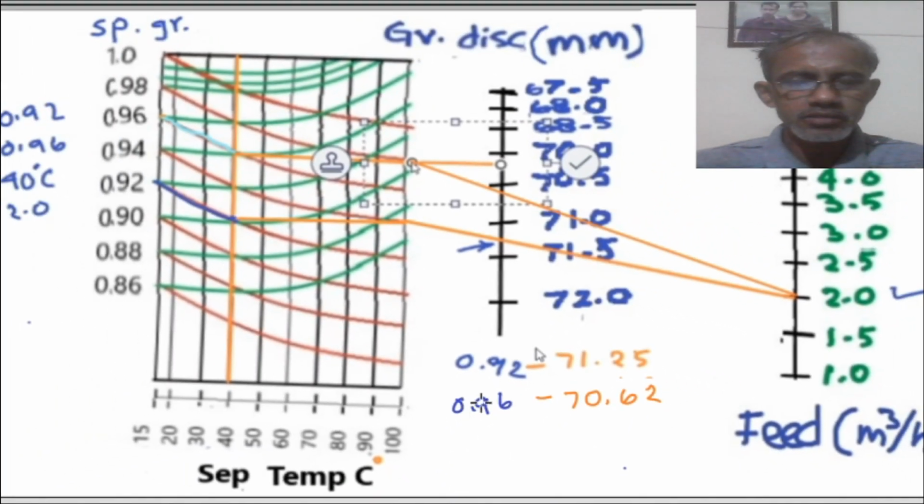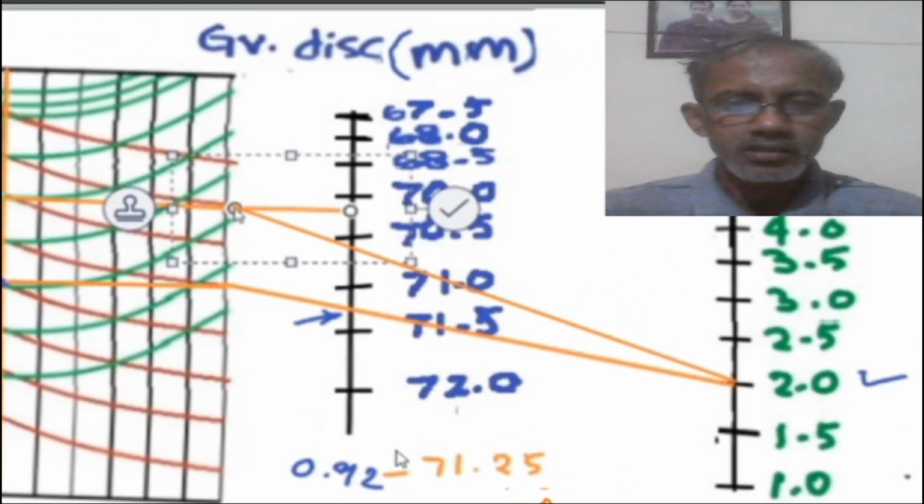So when the specific gravity of the feed increases from a lower value to a higher one, the size of the gravity disk has to decrease. That means the change in the gravity disk is opposite to the change in the specific gravity.